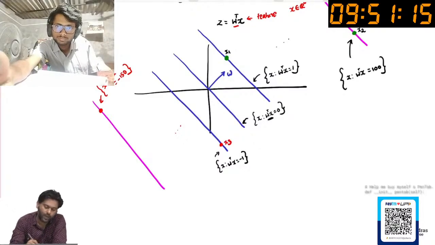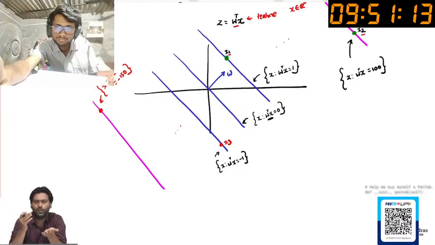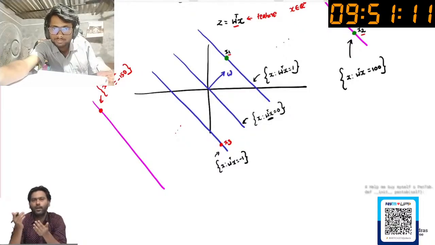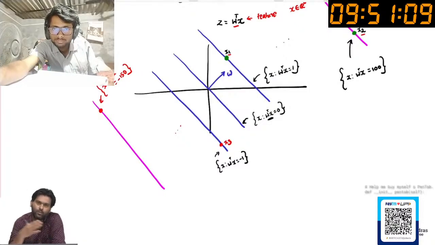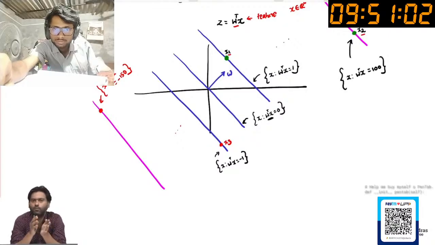Which means that if I take a point like x1, which is here, versus x2, which is here, now if you ask the question, well, which one should get a higher probability of being assigned to class 1? Well, for this w, this x2 is much farther away from the separator, right? So you are somehow more confident that this point has to be labeled plus 1 as opposed to x1, which is close to the boundary, which means that the probability that x1 should be labeled plus 1 should be lesser than the probability that x2 is labeled plus 1, right?